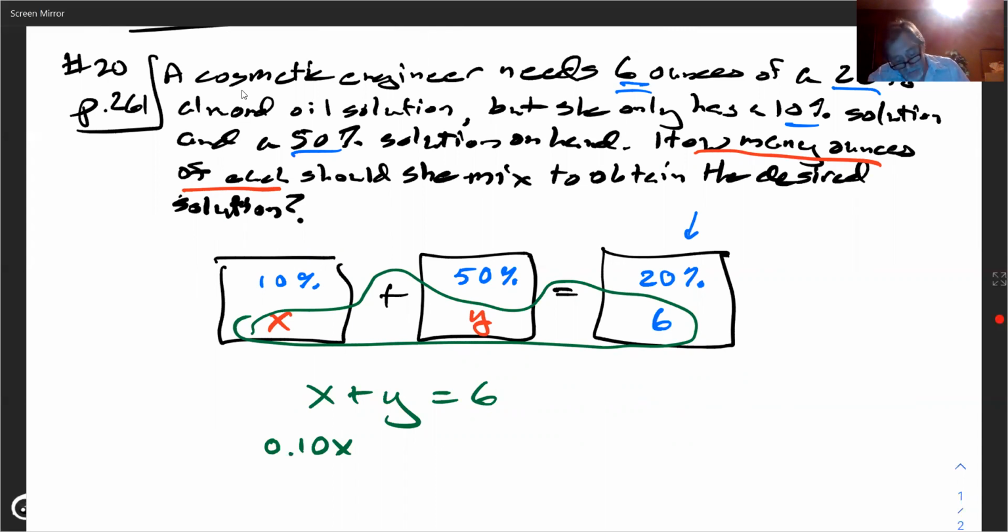And then plus, here's 50% or half, 0.50y. Pure almond oil plus pure almond oil makes this much at the end. 20% of 6 ounces means 0.20 times 6, that's how much almond oil you get when you mix them together. So these 2 equations will get us to the promised land.